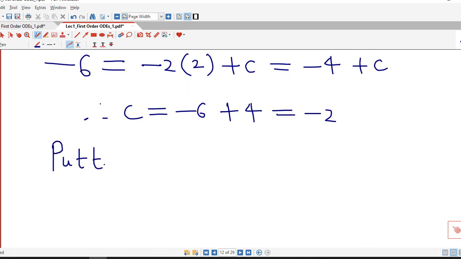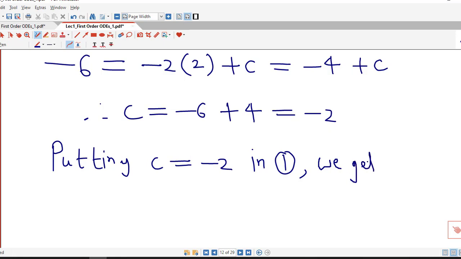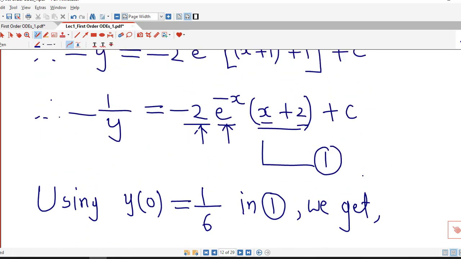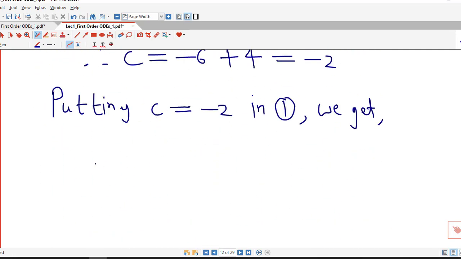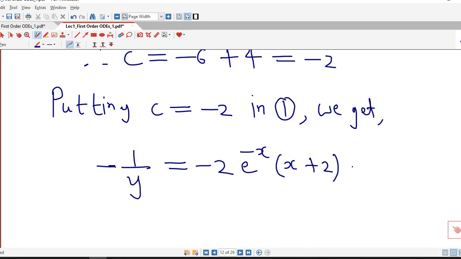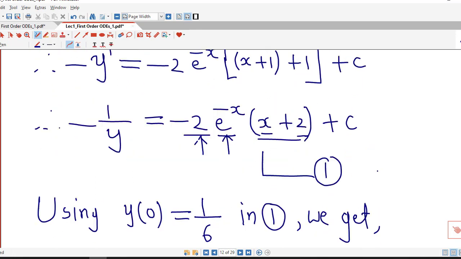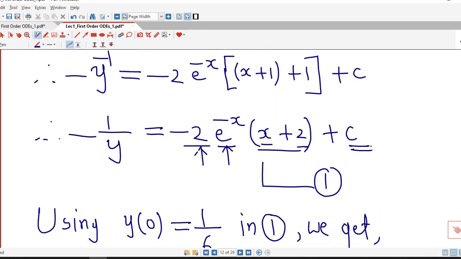In the next step, putting c equal to minus 2 in 1, we get on the left hand side minus 1 by y equal to minus 2 e raised to minus x times x plus 2, plus c, that is minus 2. So we obtain c equal to minus 2 here. Other things are as they are, minus 2 e raised to minus x, x plus 2.